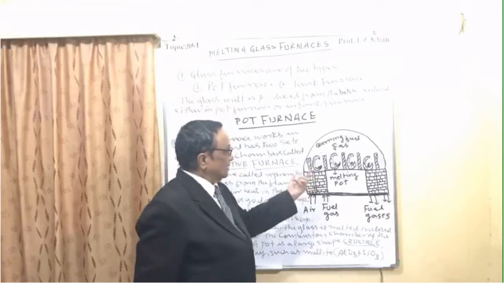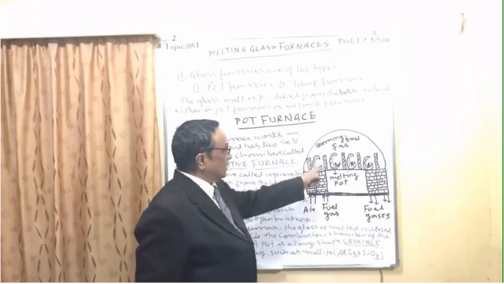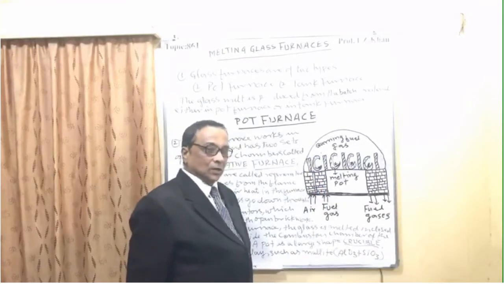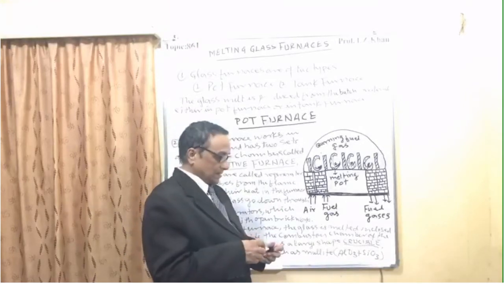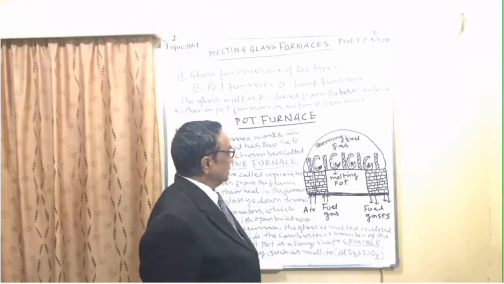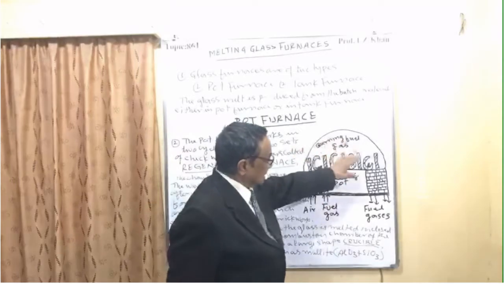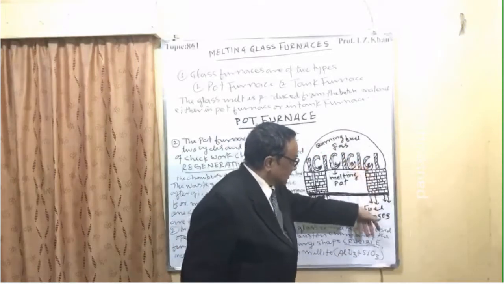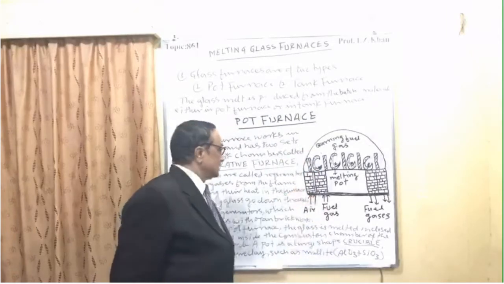So in each pot 1 to 2 ton is melted, and there may be from 6 to 20 pots in ordinary glass. Only in the case of optical glasses, only one pot is there. This is called the melting pot, and after burning, the fuel gases pass down and the heat is again regenerated and recycled.